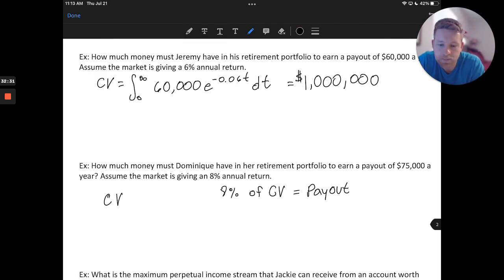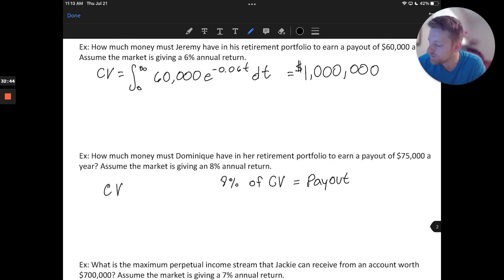So my interest rate percentage times my capital value has to be equal to my payout to make this work exactly. So what do we know? We know we have 8%, so that would be 0.08. My capital value, I don't know, but of would be multiplication, capital value. And my payout, I do know, that's 75,000.